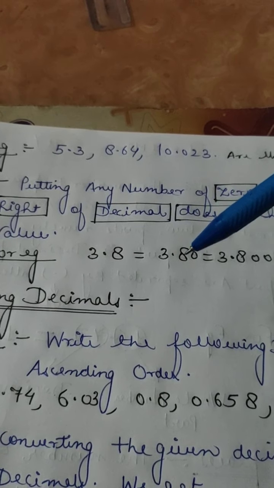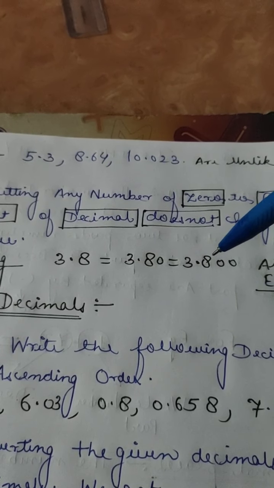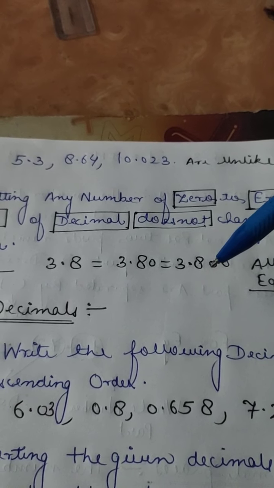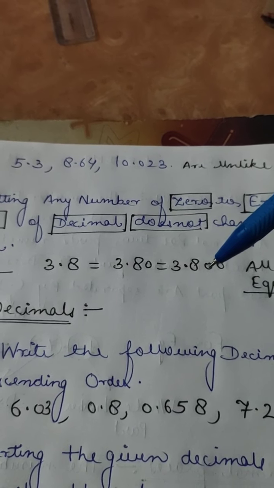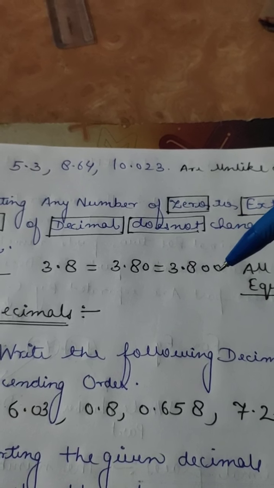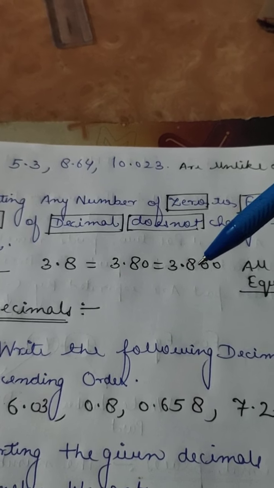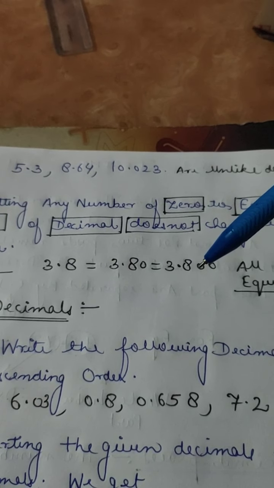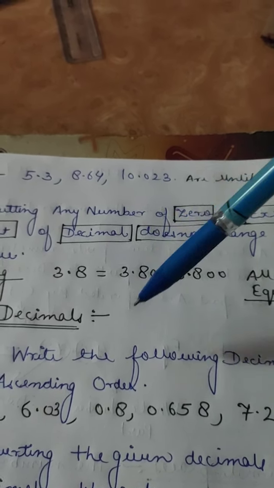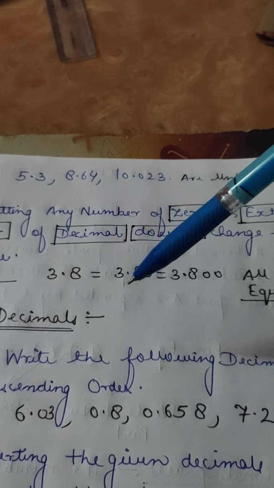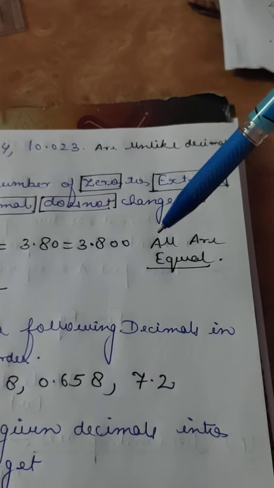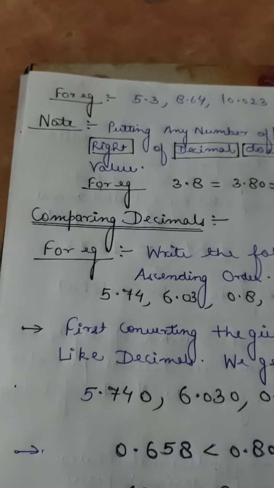So what we get? 3.80. In the next step I have added 2 zeros. So actually what we conclude, adding any number of 0 to the extreme right of the decimal does not affect its value. That means all these 3 decimals have the same value, that is 3.8. All these are equal decimals.